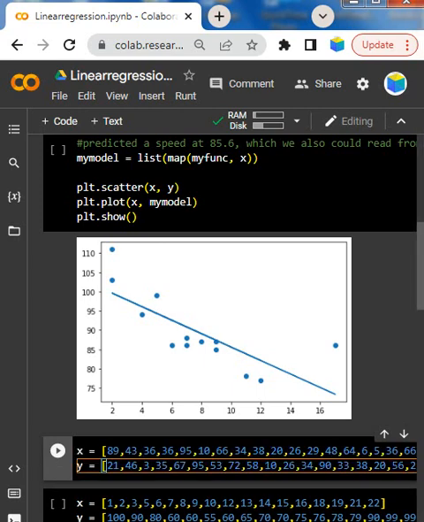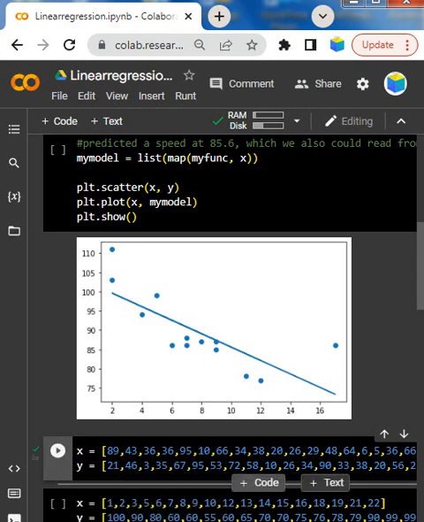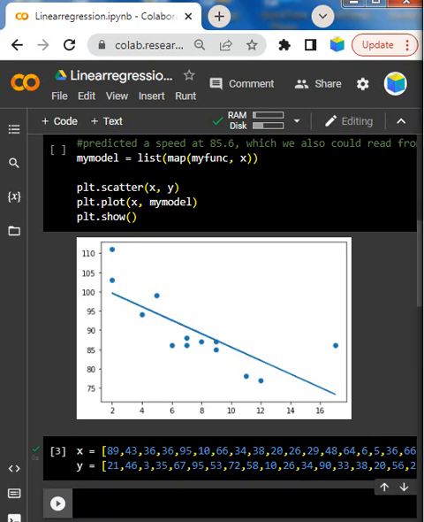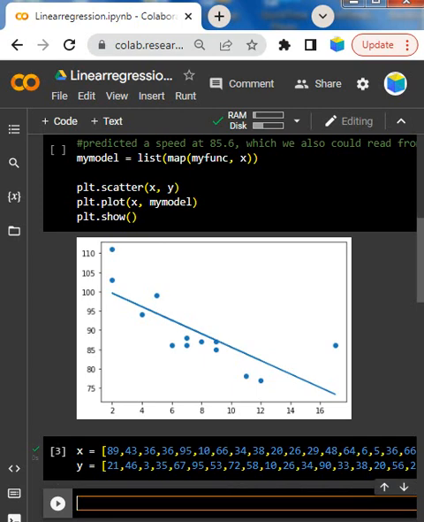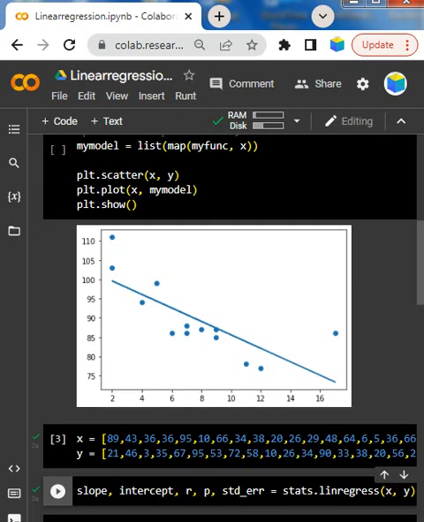First I have printed the two variables, and second I will try to represent these two, x and y like this, and the slope and intercept. I have already discussed these two terms previously, and yeah, it is working.